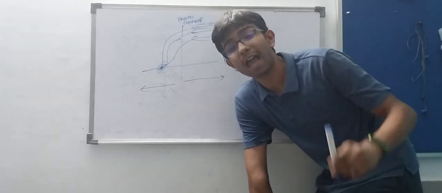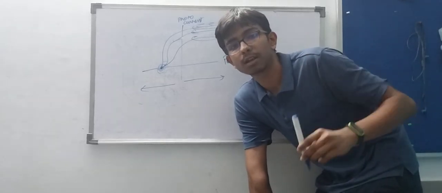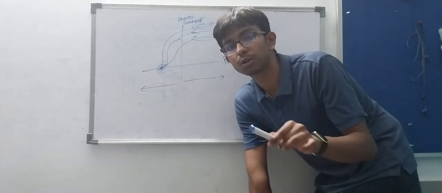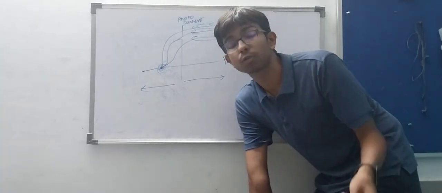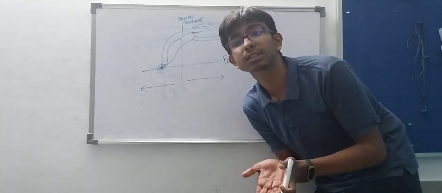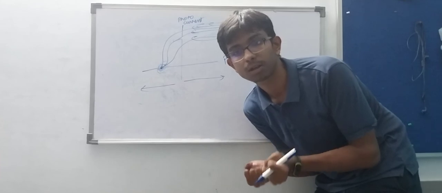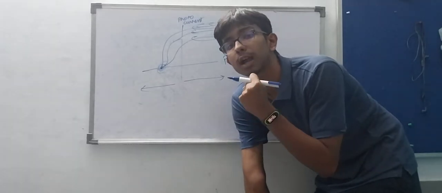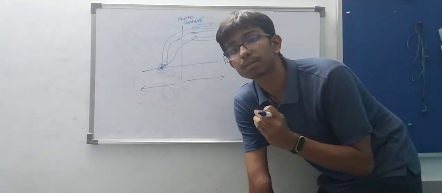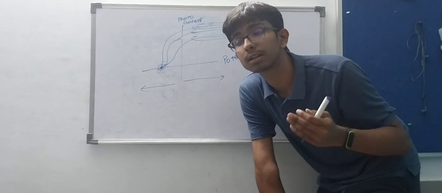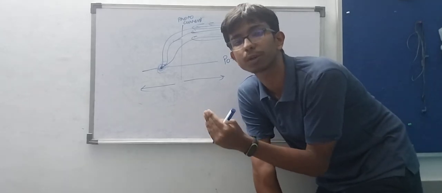So if you take a higher frequency light, higher kinetic energy will be imparted to the electrons. So what the frequency is doing is it's controlling the energy of each individual electron. So if you take a higher frequency, there's a higher kinetic energy and the maximum kinetic energy will also be higher. So it's directly controlling the stopping potential.